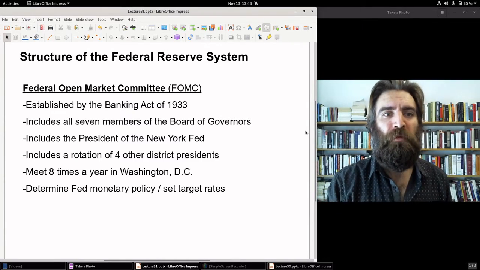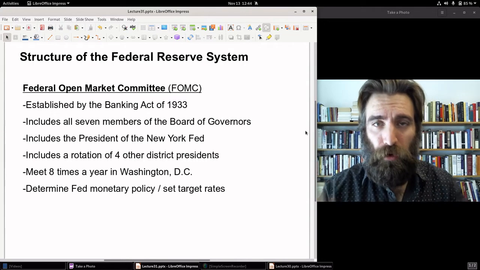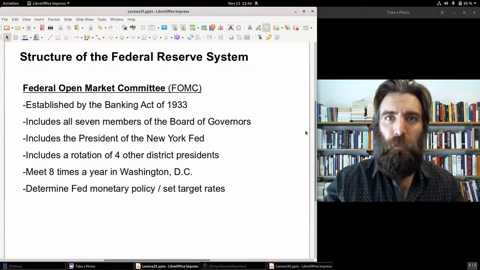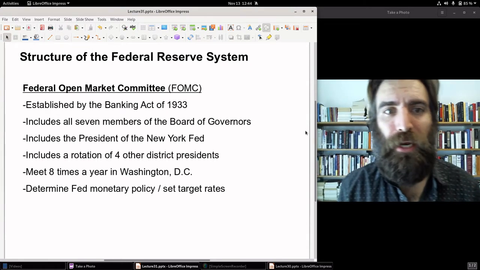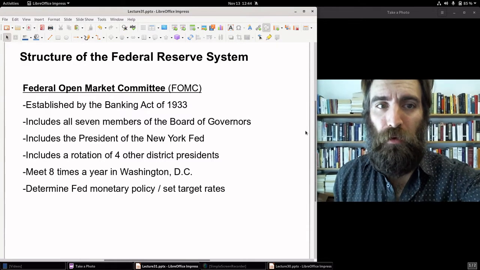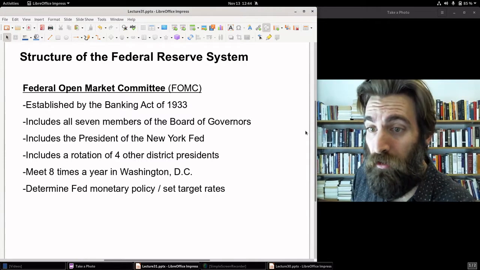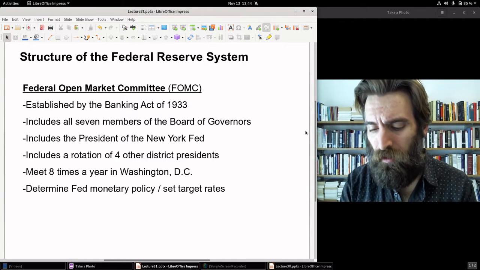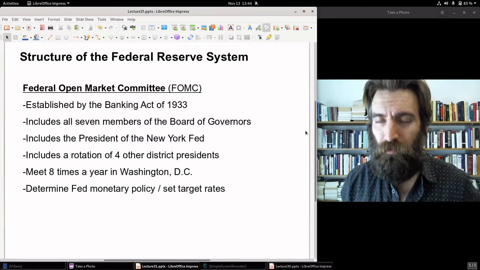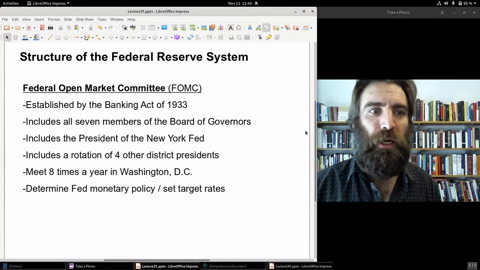Before 1933, each of the 12 private district banks conducted their own independent, autonomous monetary policy. But in 1933, there was a banking reform, and this created the FOMC. Initially, the FOMC just consisted of all 12 district presidents of the Federal Reserve banks.